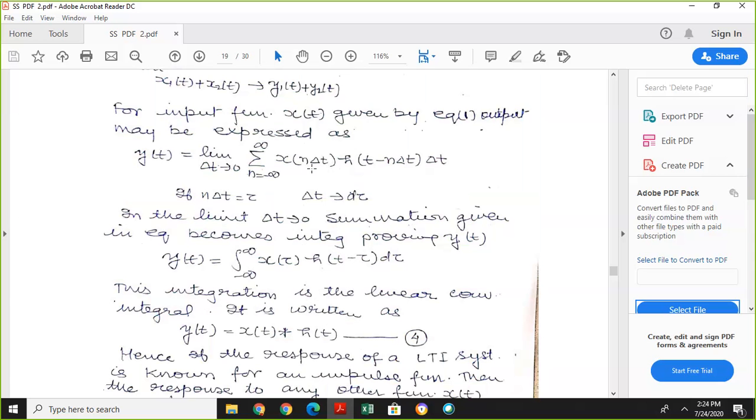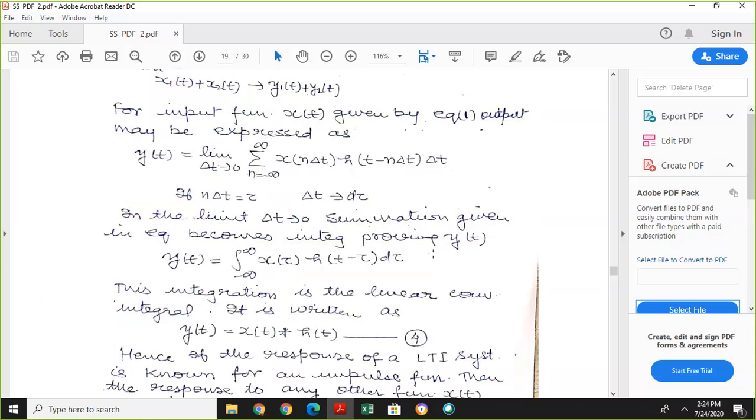If we substitute n del t equal to tau, then del t is equal to d tau, and in the limit del t approaches 0, this summation is converted into integration, and here we get y of t is equal to integration minus infinity to plus infinity x of tau h of t minus tau d tau.